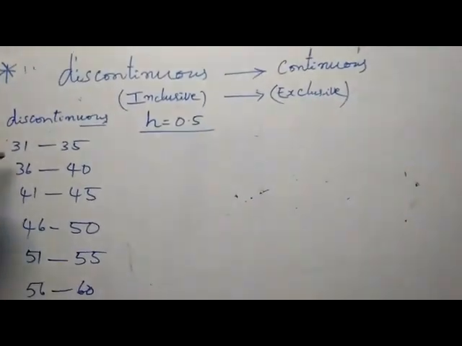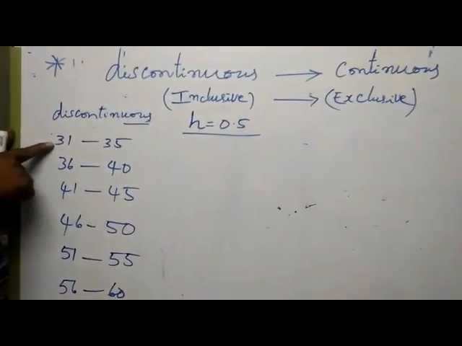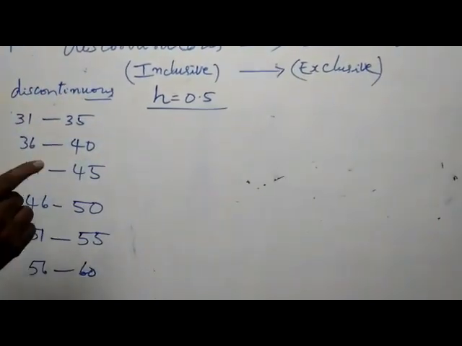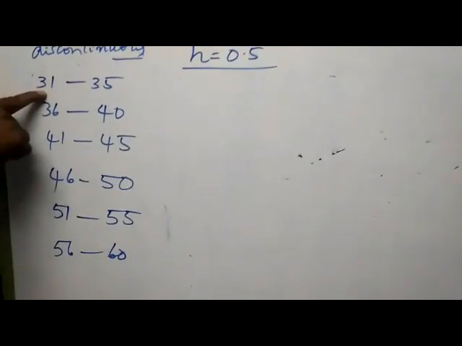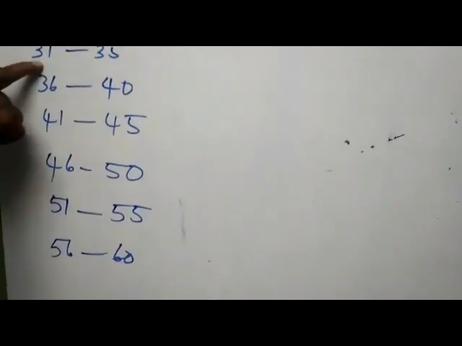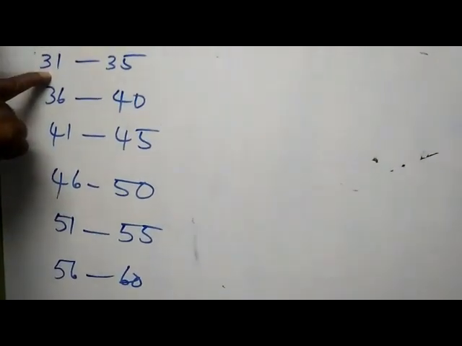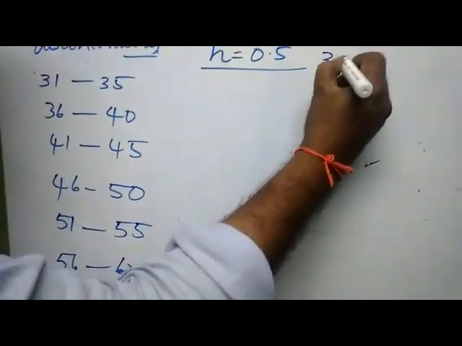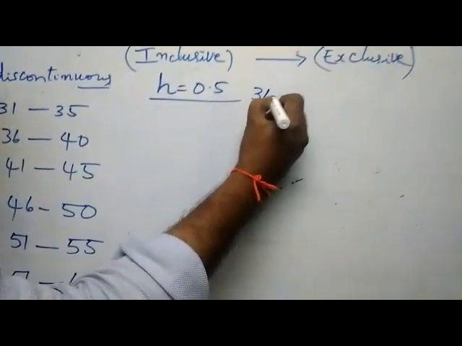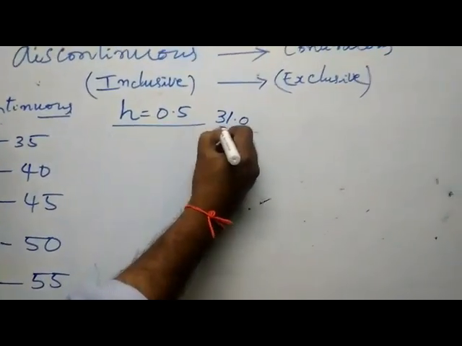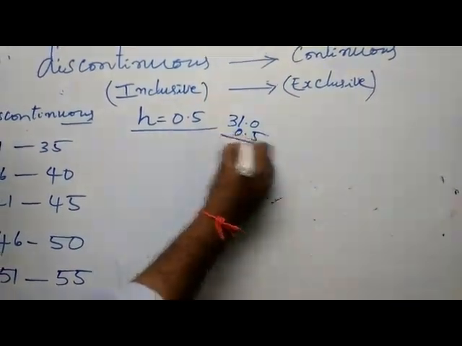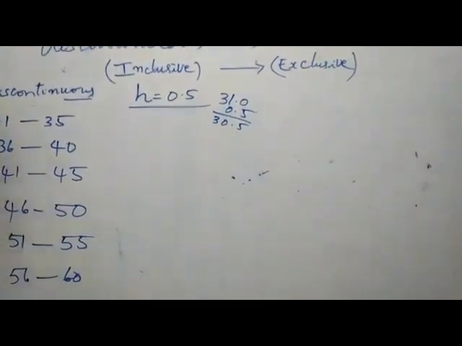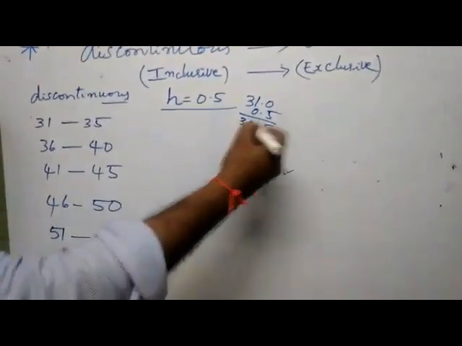Subtract 0.5 from the lower limit and add 0.5 to the upper limit. Very simple. 31 minus 0.5 is 30.5.